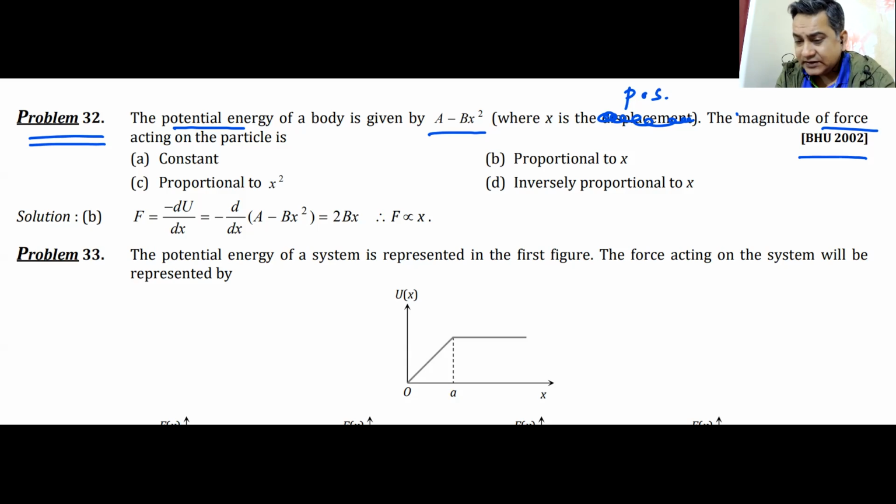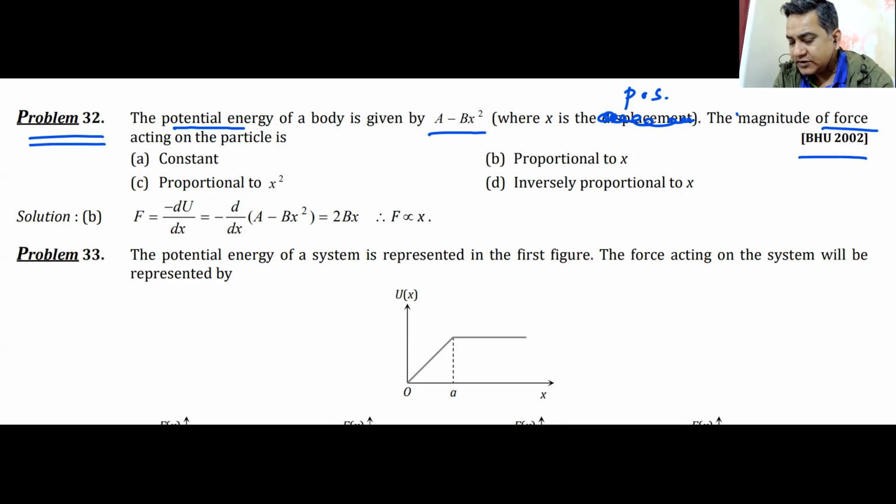Energy is given. These are the type of questions that will come simple, straightforward in JEE Main. What we have done, this stable, unstable, neutral equilibrium, these are all questions that will come for JEE Advanced. So you'll hardly find them in JEE Main. Okay. Problem number 32. Anyone has an answer for this? Potential energy is given. You have to find out force.